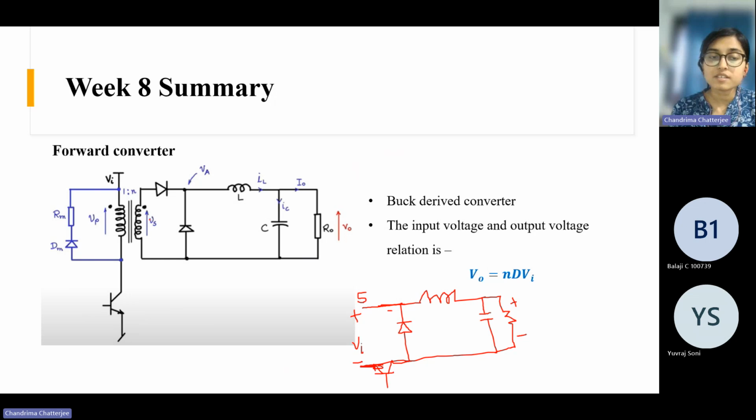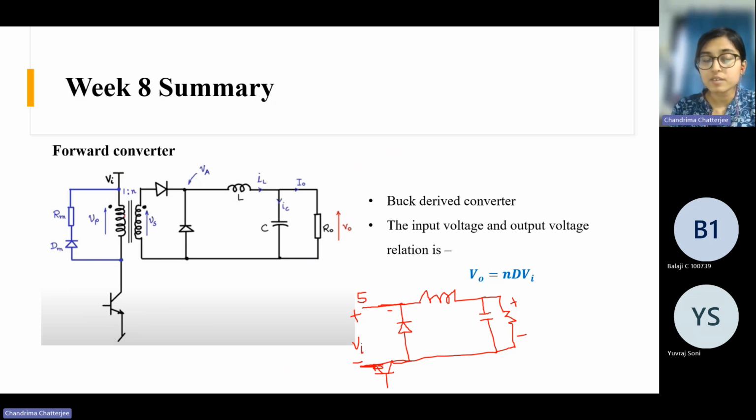The second change is that a transformer is introduced here. So now we have galvanic isolation. This converter is called the forward converter. This RM and DM circuit, I will tell you later what the purpose of these components is. But for now, this is your converter.